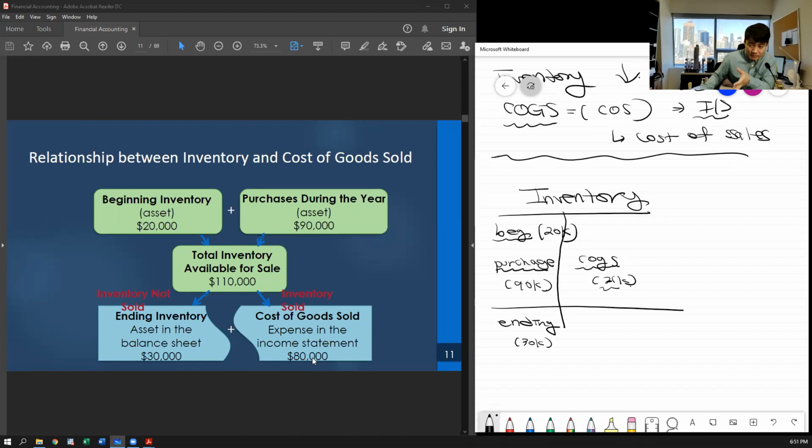This can be one example, or we can provide the cost of goods sold, which was $80,000, and we can erase this and make it X. So given the beginning, ending, and the cost of goods sold for inventory, how much did the company purchase for inventory during this year? That's another type of question that you can expect on quizzes and exams. Okay. Any questions on this?